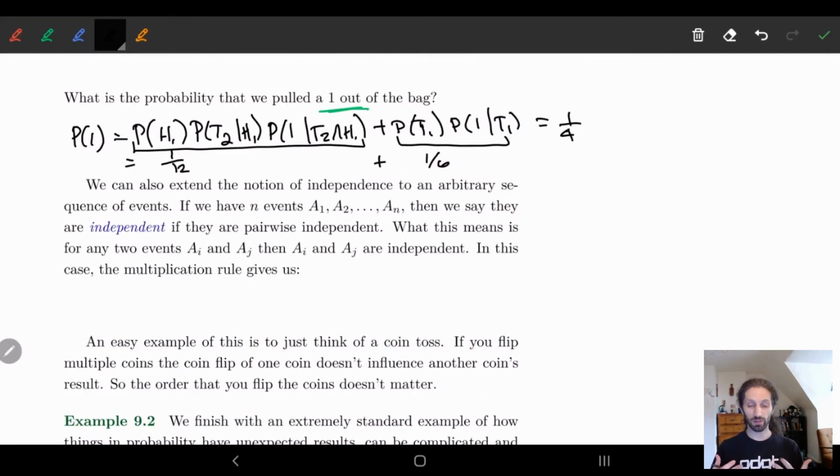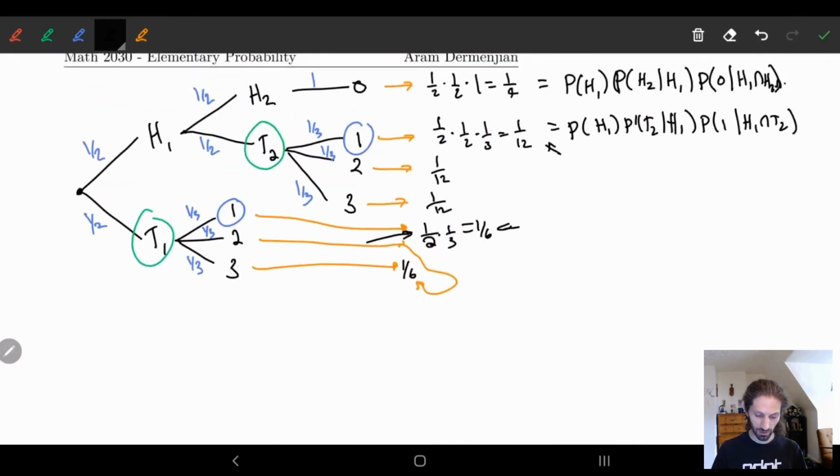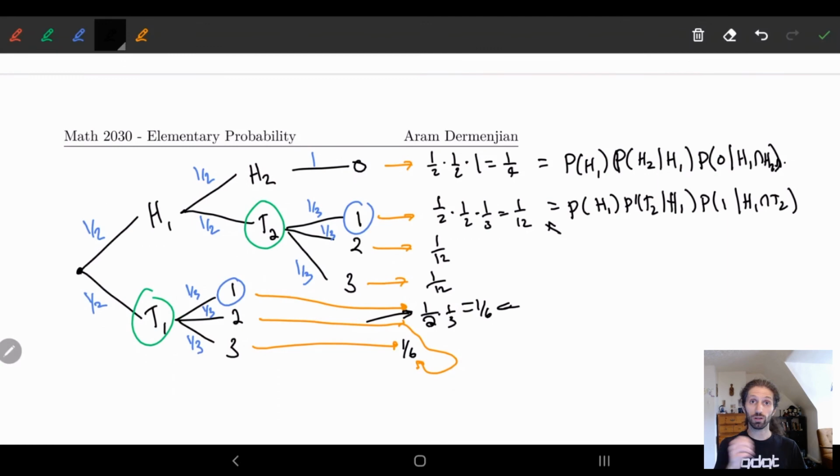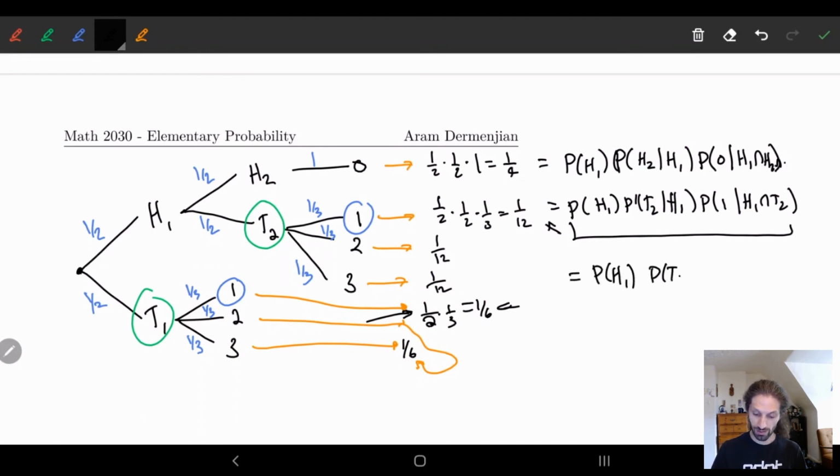So based off the previous things, if you notice everything we've done, they're independent of one another, right? So flipping a coin and pulling a thing out of a bag, they're independent. So in reality, this equation here, for example, I can just write as the probability of getting a heads times the probability that the second one is a tails times the probability that I pull a 1 out of a bag.